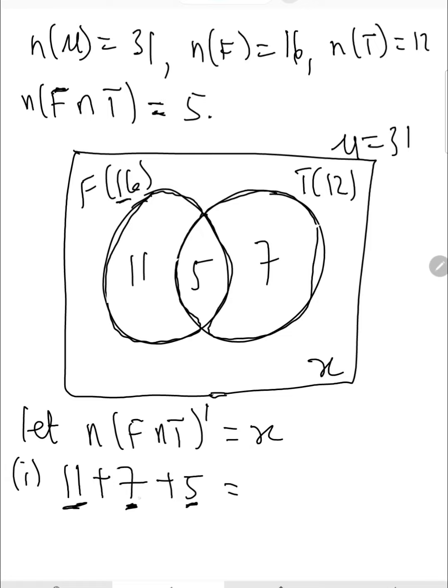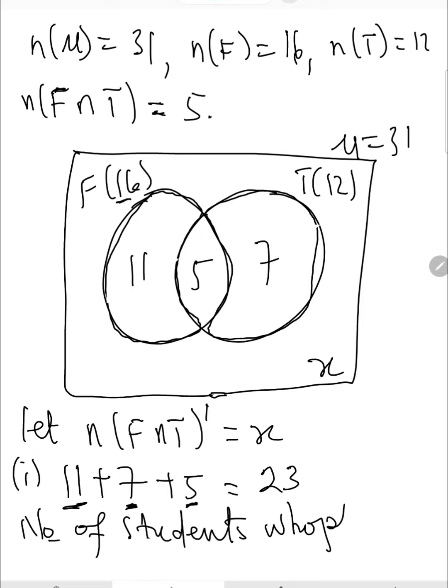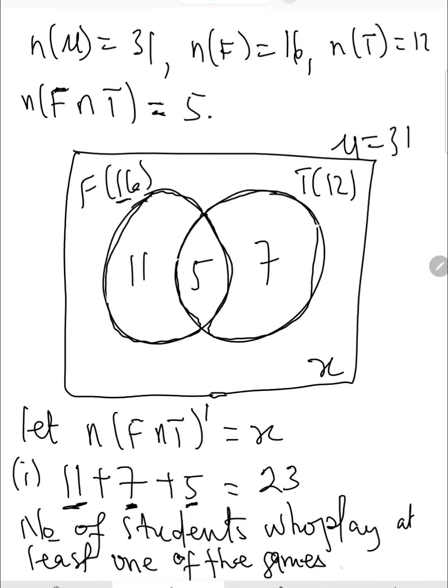So this will give us 18 plus 5, which is 23. So just write: the number of students who play at least one of the games are 23. Okay, so that's it.